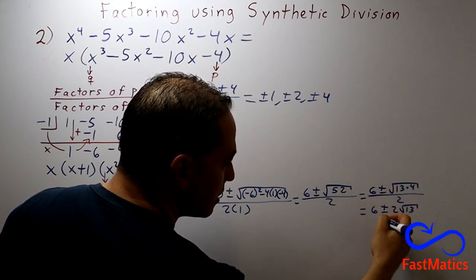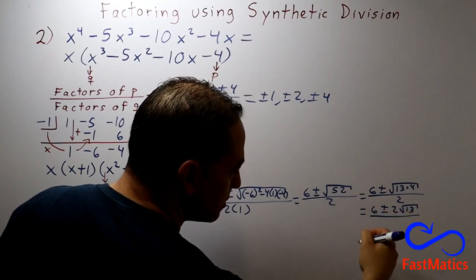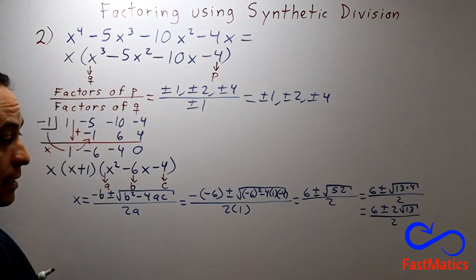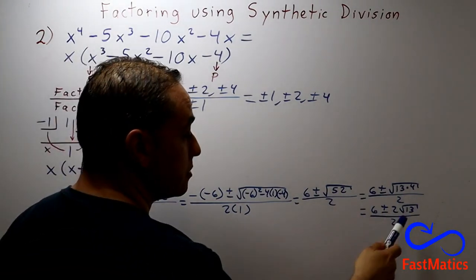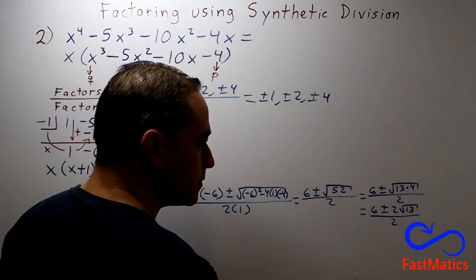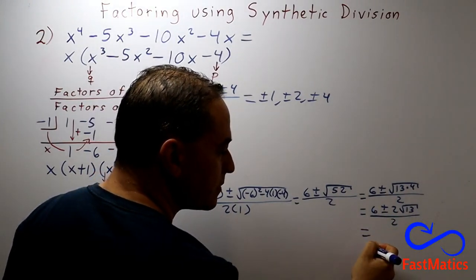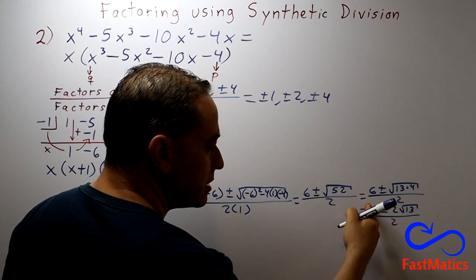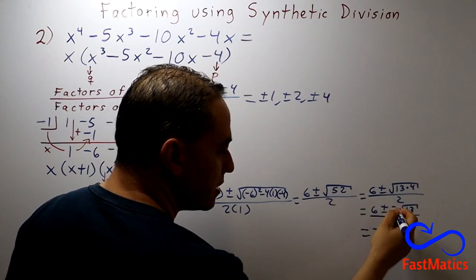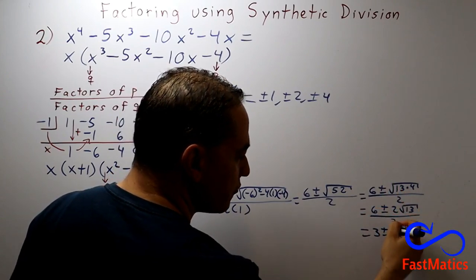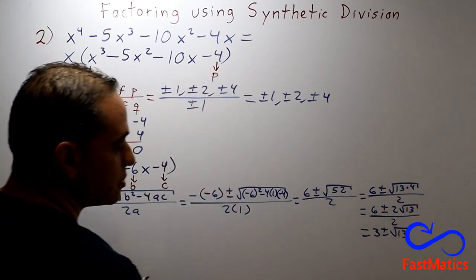Square root of 13, I cannot calculate it like that, so I'll leave it. And then I have 2 terms divided by 1 term. A polynomial divided by 1 monomial. Then I do it. 6 divided by 2 is 3, and 2 divided by 2 is 1, times the square root of 13 is the square root of 13.